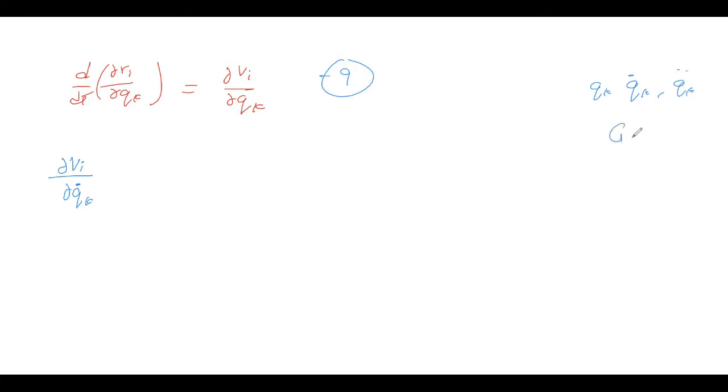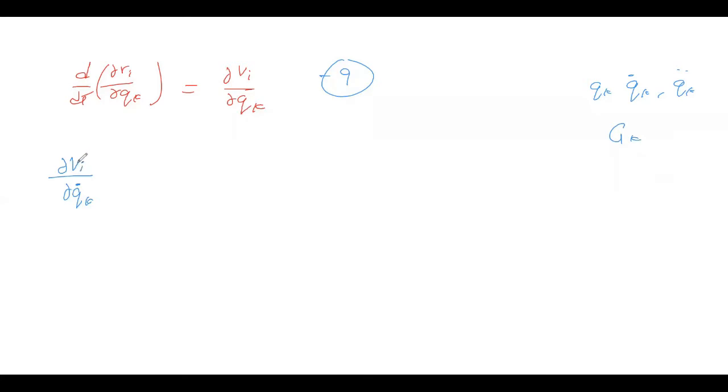And if I say Gk, it means it is a generalized force. These terms may or may not be the same as our notions of x, y, z. So don't get confused. Here I am taking delta Vi by delta Qk dot. This is the generalized velocity, and this is my actual velocity.